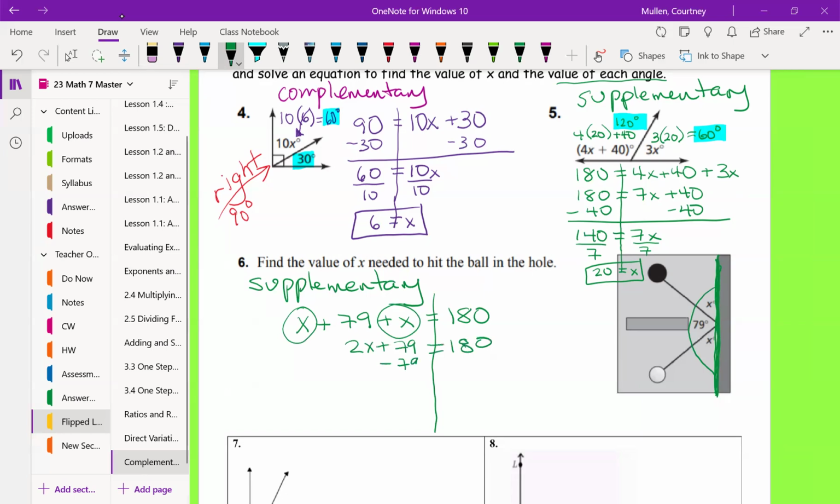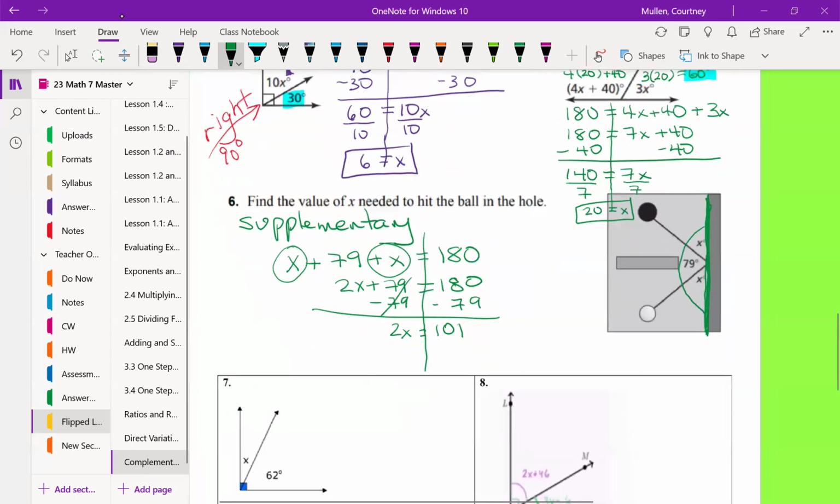Use inverse operations. And then divide by 2.